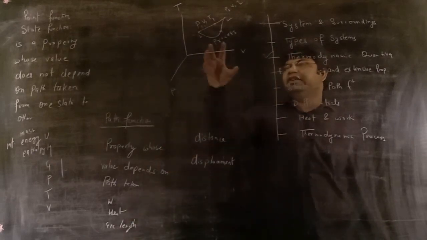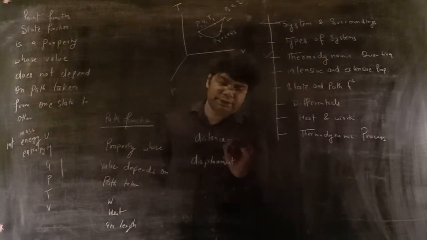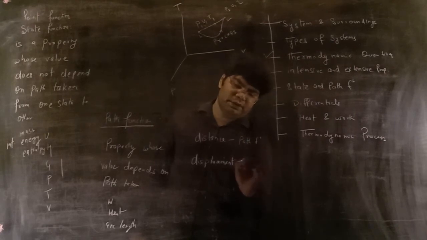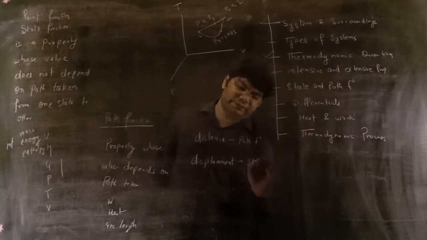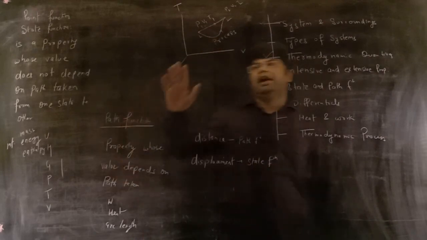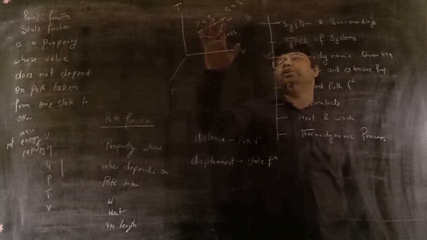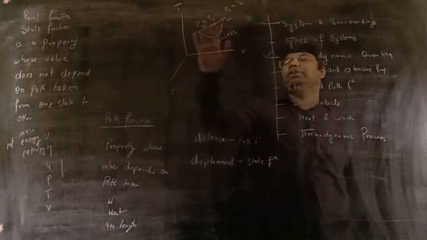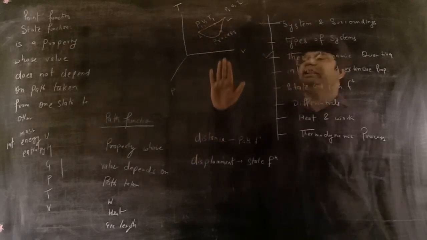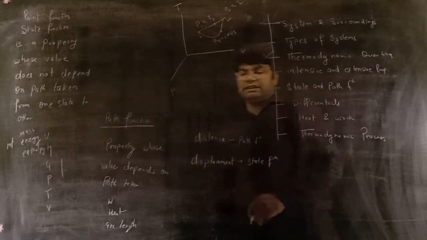Distance is your path function, displacement is your state function. Because I am going from this point to this point, if I go by this route and if I go by this route, in both routes, both paths, the distance I will cover will be different, but the displacement between both points will always be the same.